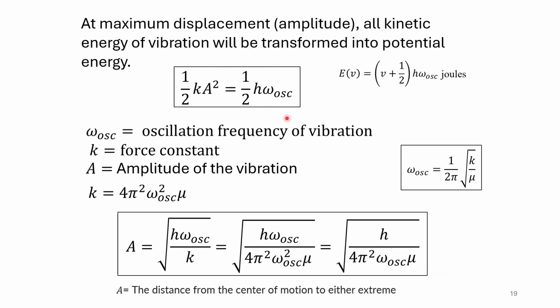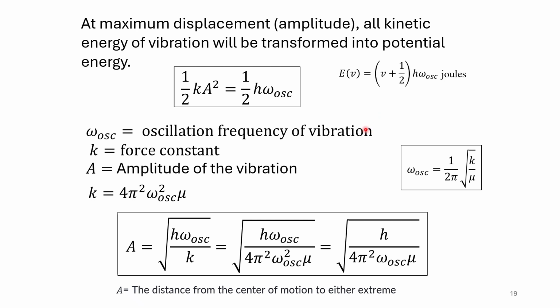Within the simple harmonic oscillator model, if the energy is increased, the degree of compression and extension is greater, but the vibrational frequency will remain unchanged. At maximum displacement, which we call the amplitude, the kinetic energy will transform entirely into the potential energy. Therefore, we have this equation here: half multiplied by k amplitude squared equals half multiplied by the Planck constant multiplied by the vibrational frequency.